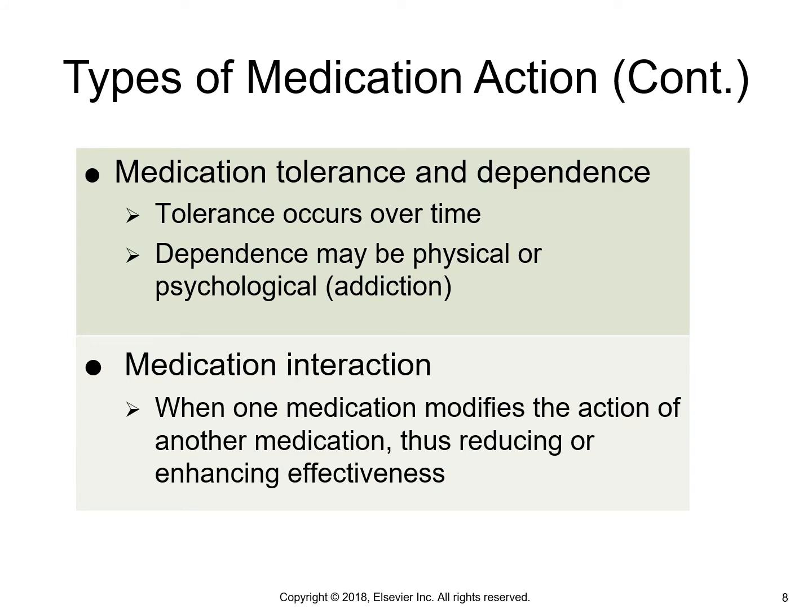Okay, we're going to talk a lot over the semester about tolerance, dependence, interactions, and these words are going to be very interchangeable. So tolerance means something very simple. Over time, over a period of time, higher doses are needed for the therapeutic effect.